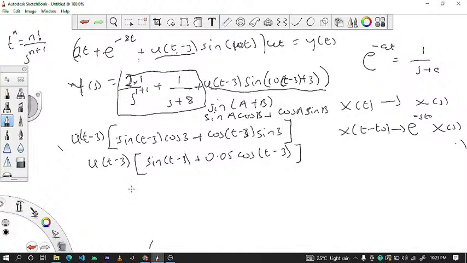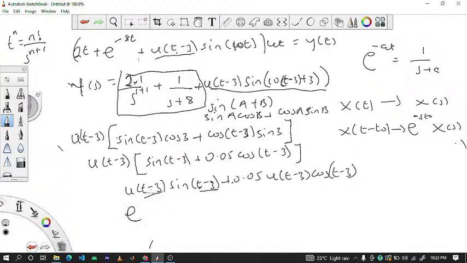Now by expanding, we have u of t minus 3 sine of t minus 3 plus 0.05 u of t minus 3 cos of t minus 3. So now because this is the same as this, all I have to do is write an e to the power, what is here? Negative 3s. And after doing this, you are done.